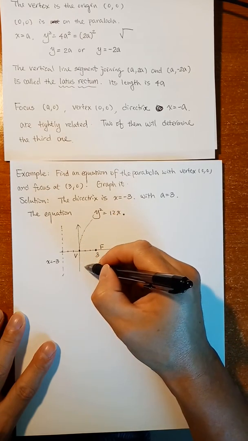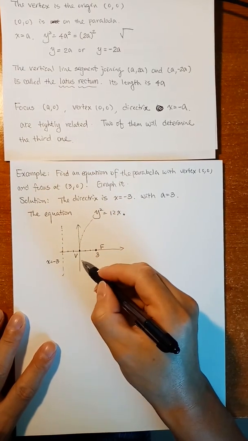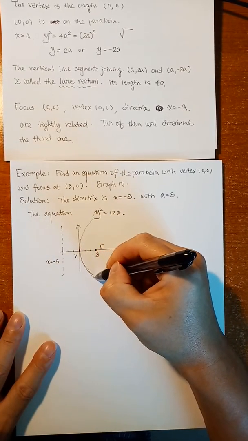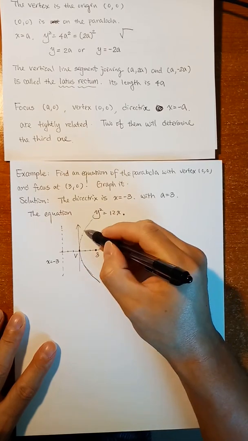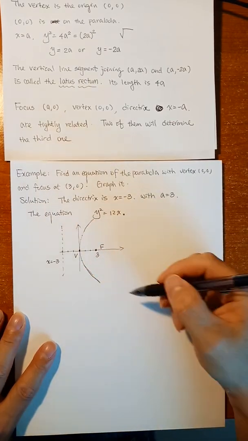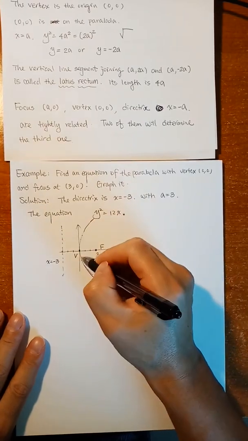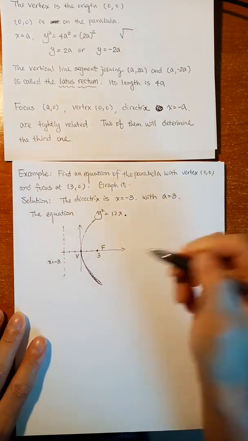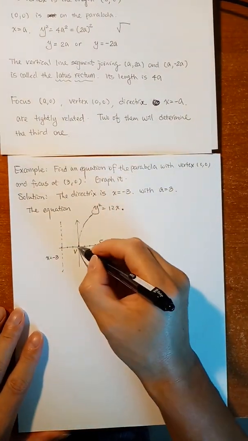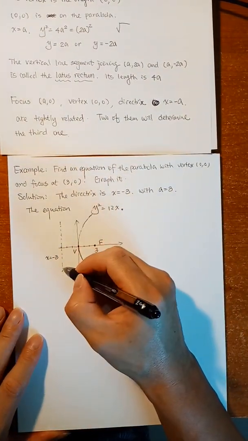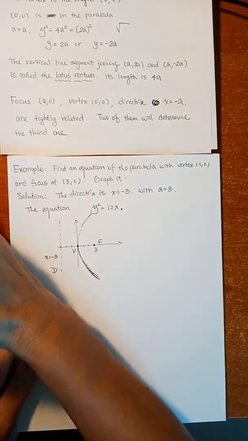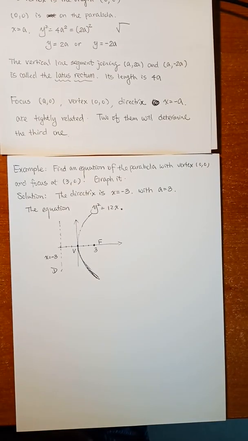The parabola will more or less look like this. Well, we can never be precise, but we just estimate. So this is a parabola, and the parabola is open to the right. And that's it: vertex, focus, directrix, and opening. You can never skip these.